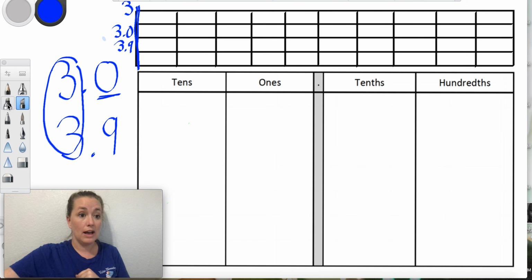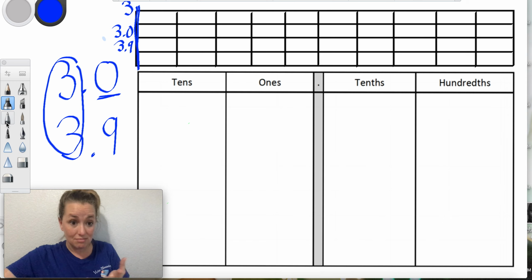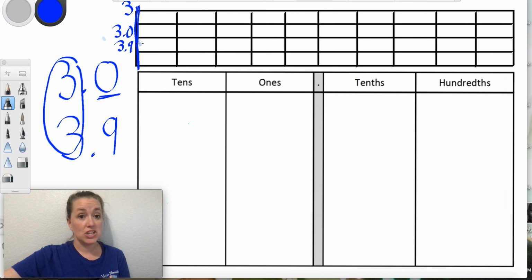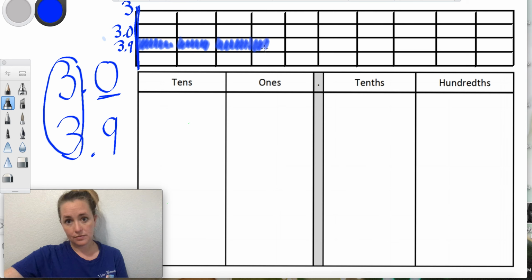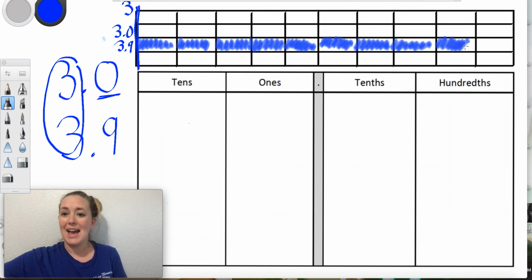Okay, well, how many tenths should I shade in? 9. So let's shade in 9. 1, 2, 3, 4, 5, 6, 7, 8, and 9 tenths.